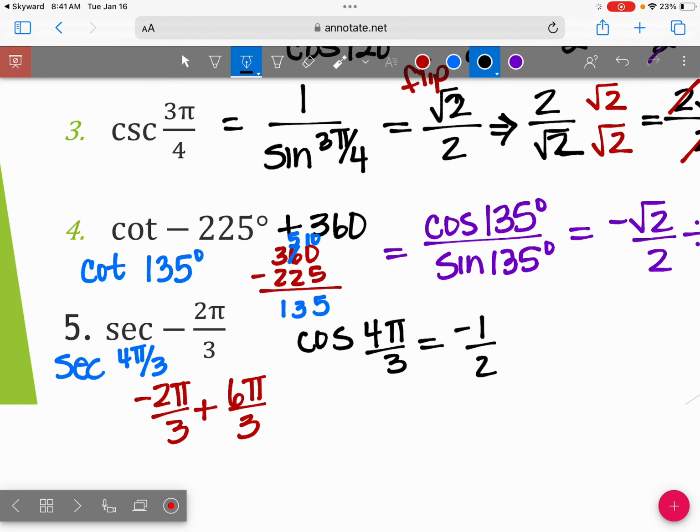To find the secant, I have to flip this fraction because it's the reciprocal. Secant is the reciprocal of cosine. So what's the reciprocal of negative 1/2? Negative 2.